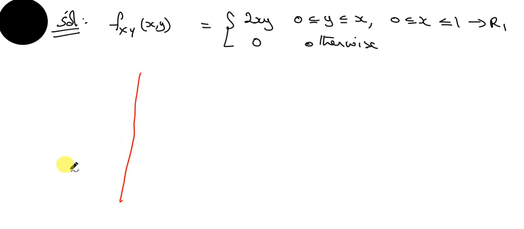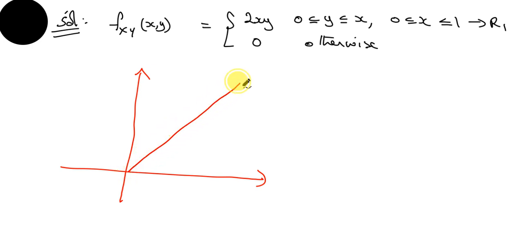So if I am going to plot this region, just see how this plot is going to occur for us. We have 0 less than equal to y less than equal to x. So let us first draw the line x equal to y. This is a line inclined at 45 degrees between your x-axis and y-axis in the first quadrant. And the other one, x equal to 0, is your y-axis.